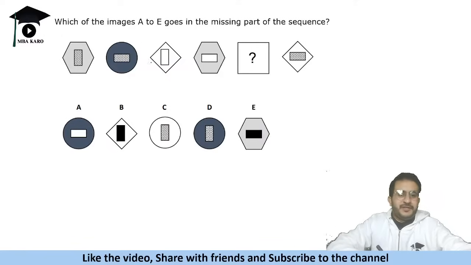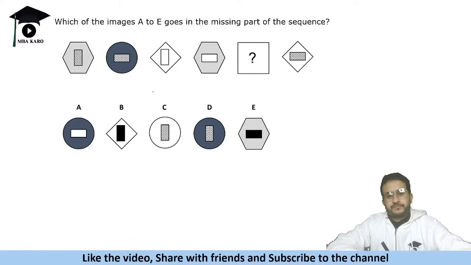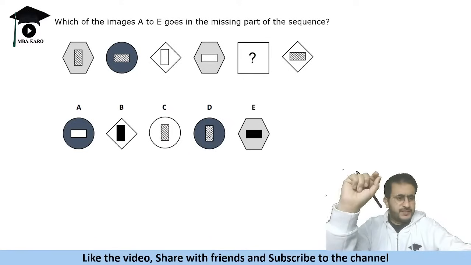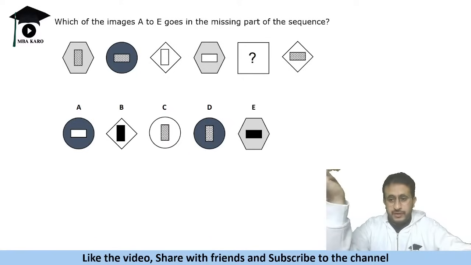This question, I mean, try to find out the logic. What could be the logic? Easy question. So there will be visual reasoning wherein they ask you to complete the series. They ask you the odd one out.